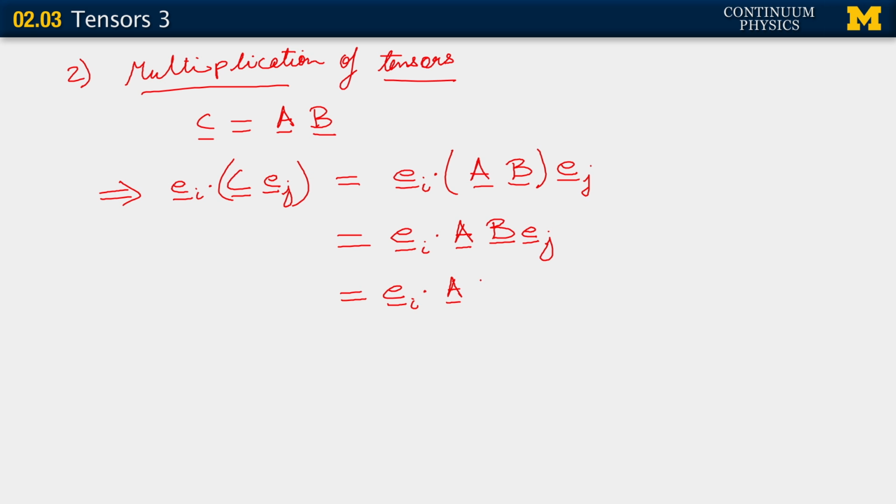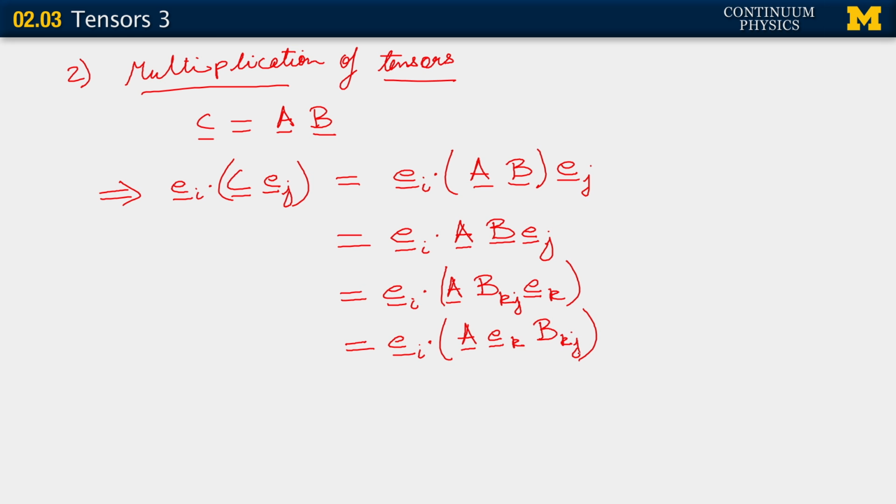Following our convention that we've already established, we write that as B KJ E sub K. That's how we're writing B EJ. So we have EI dotted with A EK, all of this multiplying B KJ.